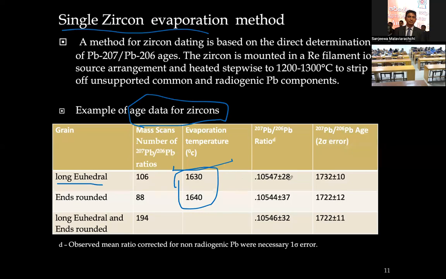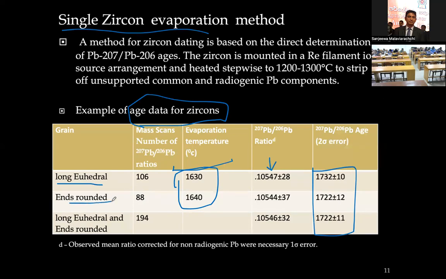And you can get some ratios like these, but you don't need to highlight these ratios. What you need is the age. Okay, so the ages have been given like 1.7 giga-annum, like 1700 million years or something, right?